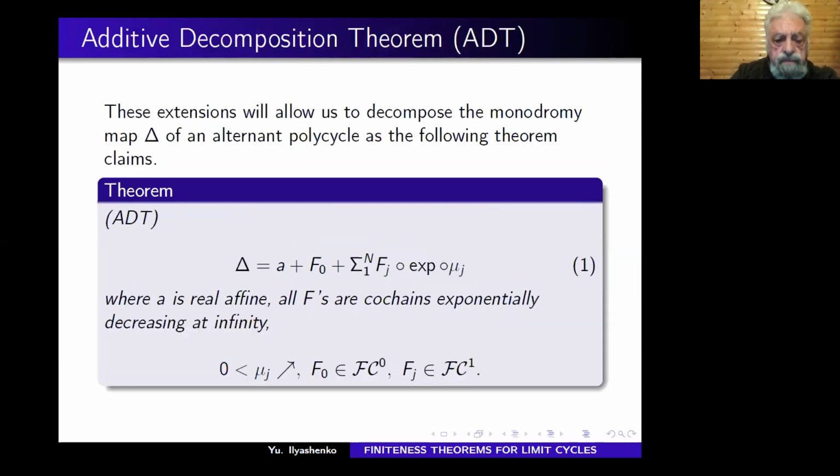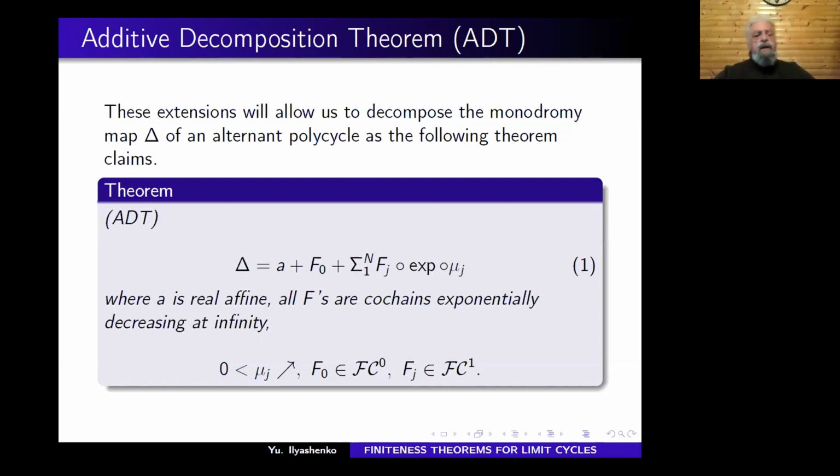Now, the properties of the classes FC0 and FC1 that I do not describe allow us to state the additive decomposition theorem for the monodromy map of the polycycle.